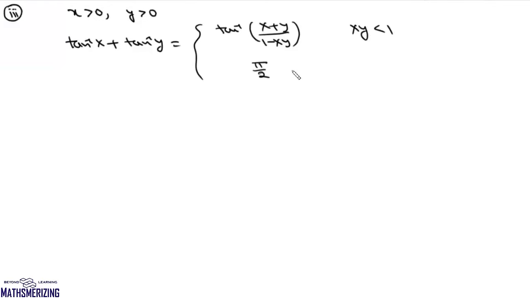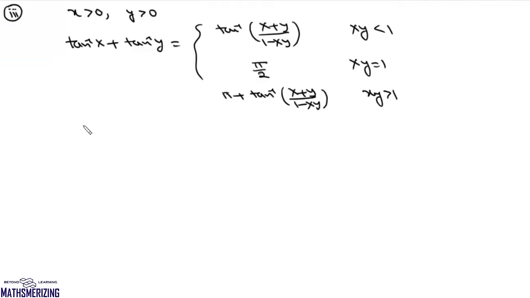It is pi by 2 when x into y is equal to 1, and it will be pi plus tan inverse of x plus y upon 1 minus xy when xy is greater than 1.